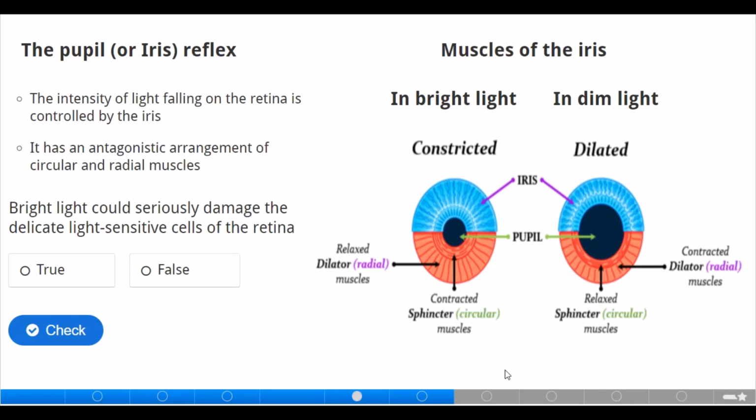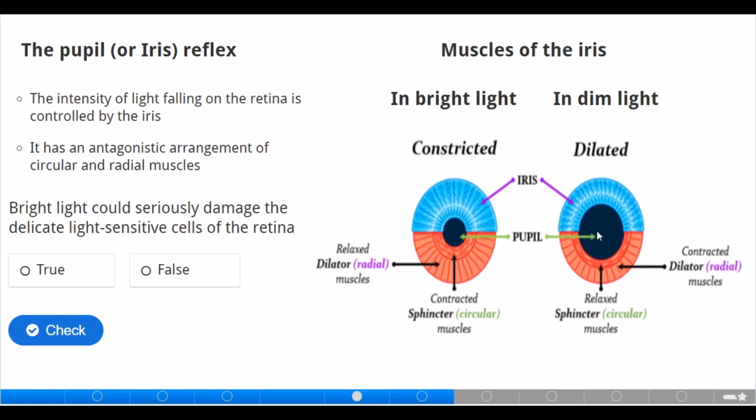In bright light, the iris is constricted. You can see that the pupil here is constricted, and that's because of the radial and circular muscles. The radial muscles are relaxed, while the circular muscles are contracted, causing a constriction.